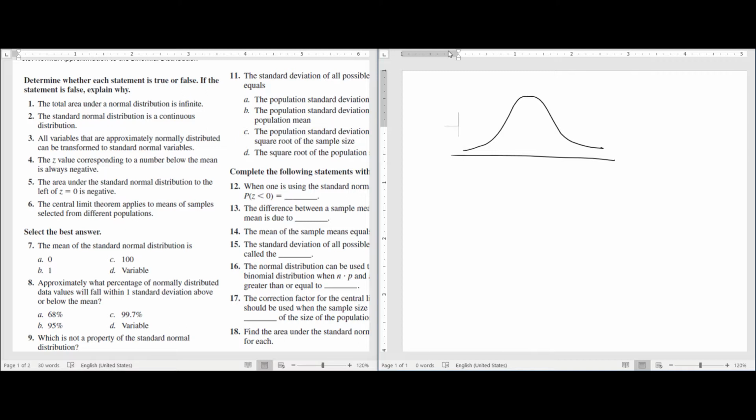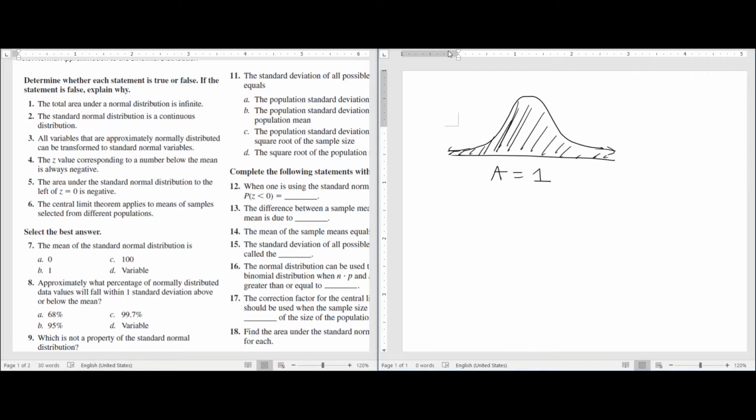And even though it goes forever in both directions, that doesn't mean that the area is infinite. The area is actually on the contrary. If you were to take the area under the entire curve, it would be 1. So the area under the curve is 1, even though the curve is infinite and never touches the x-axis. So an interesting property of the bell curve. So that was 6.1, one of the characteristics.